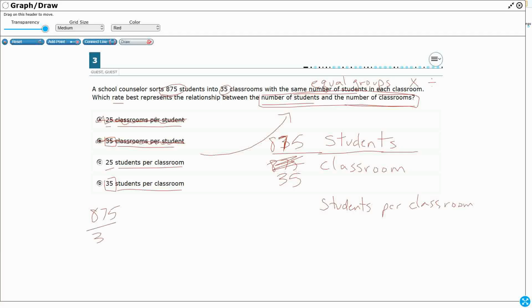So this is a ratio, and I'll simplify it down here to get all the words out of the way. 875 over 35. When we see this fraction bar, this means division. You can take your denominator, divide it into your numerator, because that fraction, that ratio, can be seen as a division. So let's look at this. 35 into 875, so 35 goes into 87 twice. That's going to be 70.